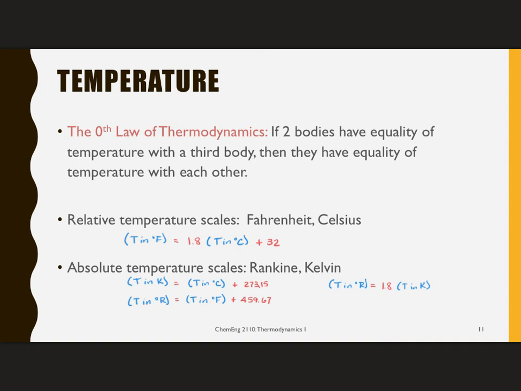The reason for that is that delta T is the same in relative or absolute. So if delta T was 100 degrees C, that is the same as saying it is 100 Kelvin. And if delta T was 50 degrees F, that is the same as saying it is 50 degrees R.